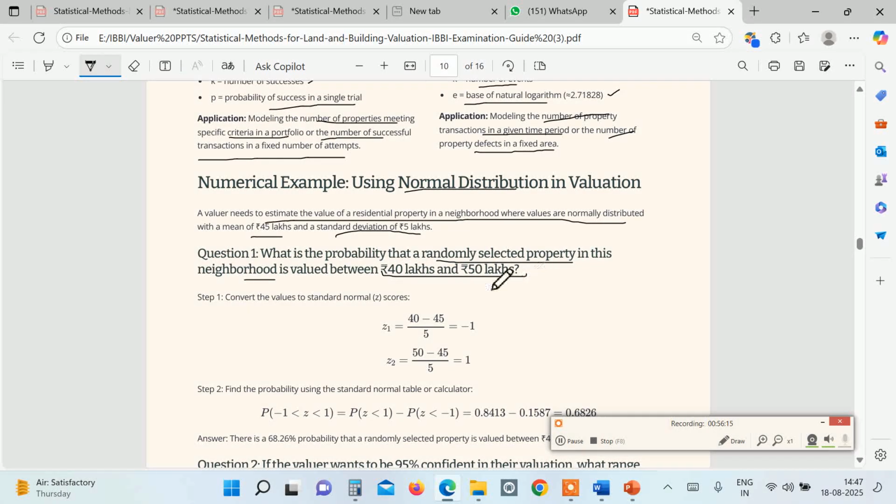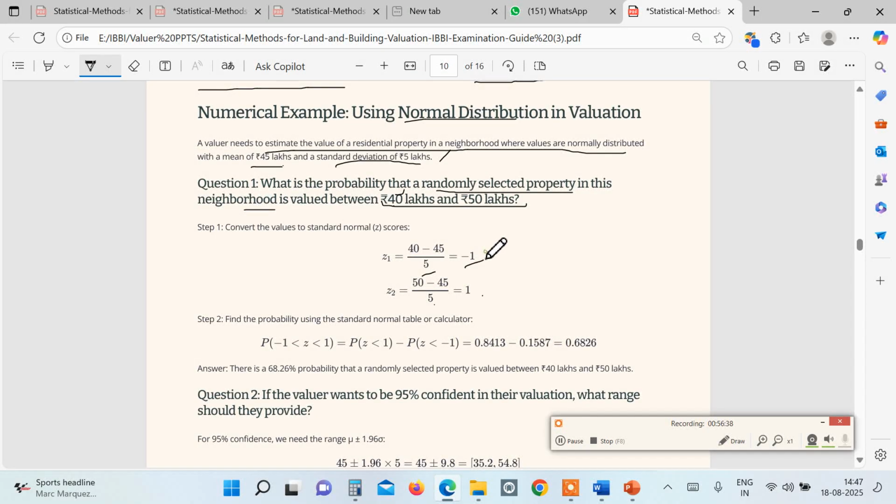For that we calculate Z1, which equals 40 minus 45 divided by the standard deviation, which is 5 lakh. So its value is minus 1. Similarly, Z2 will be 50 minus 45 divided by the standard deviation, which is 1. So the value lies between minus 1 and 1.